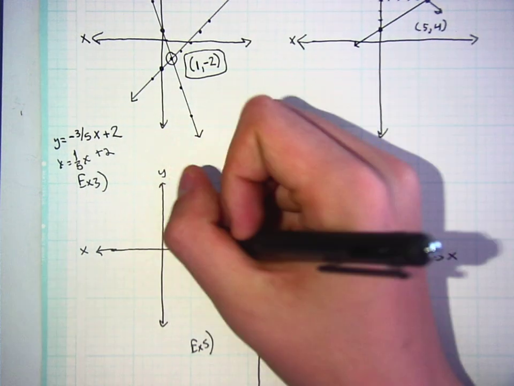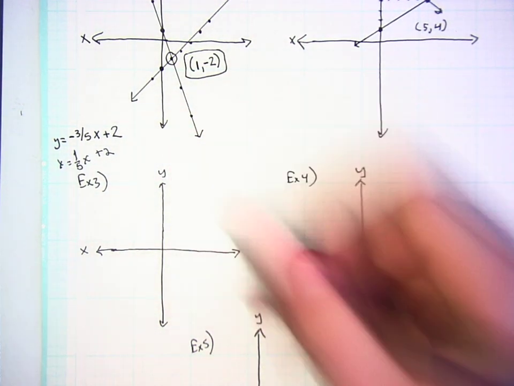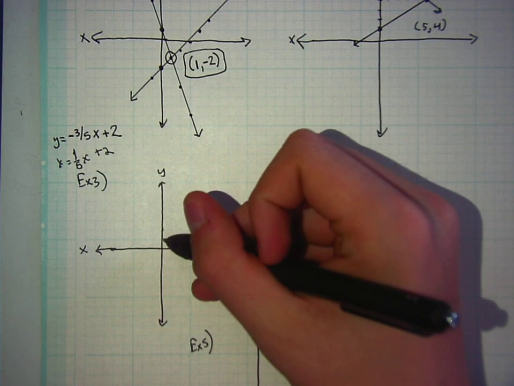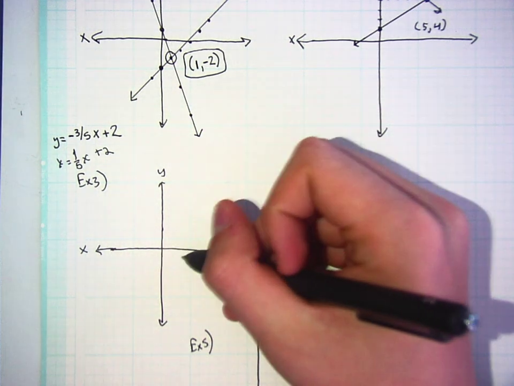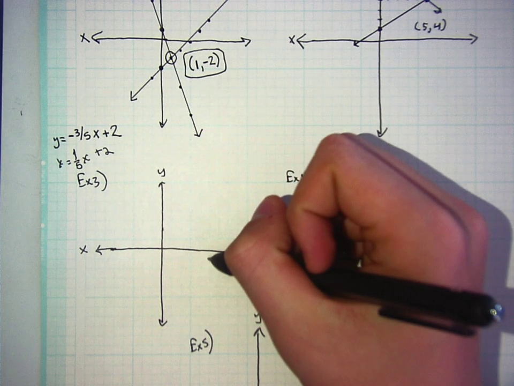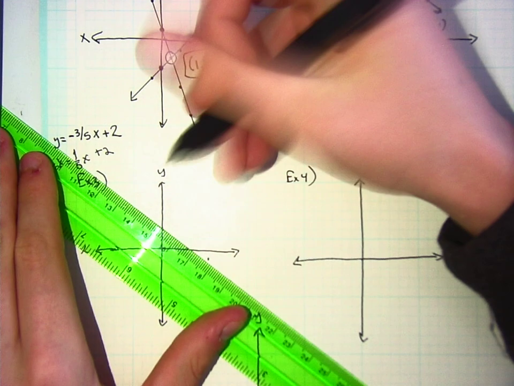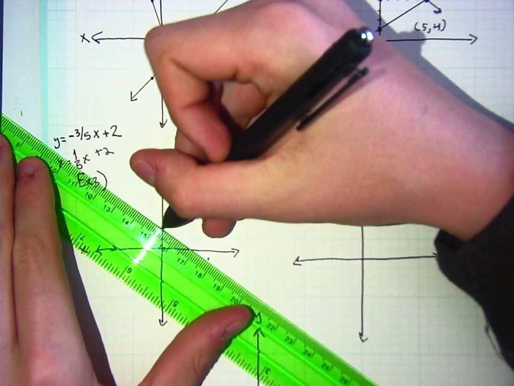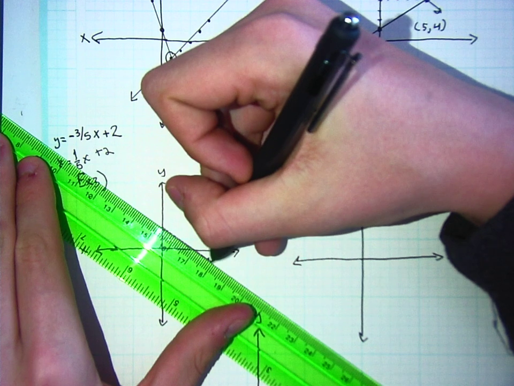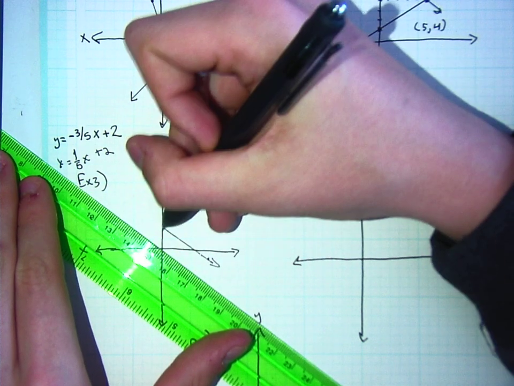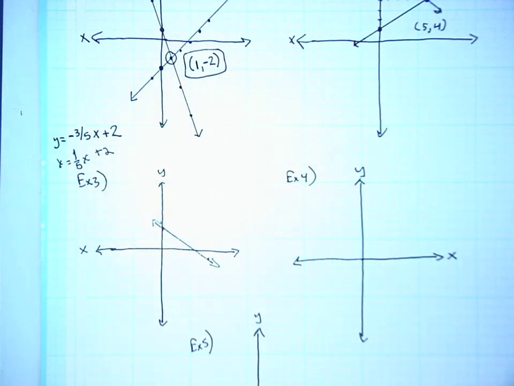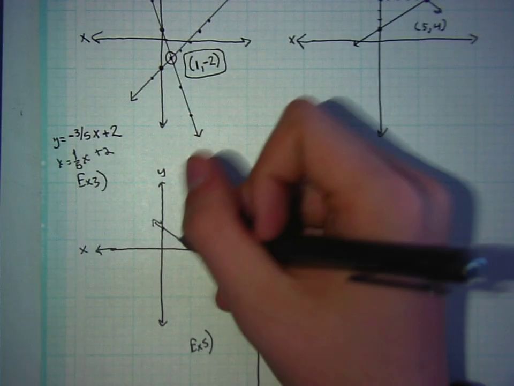Positive 2, so up 2. And then you want to go down 3/5. And then fill the line. And then same position at 2.